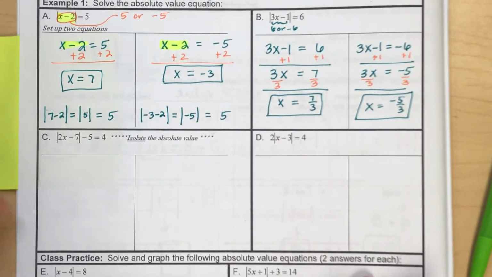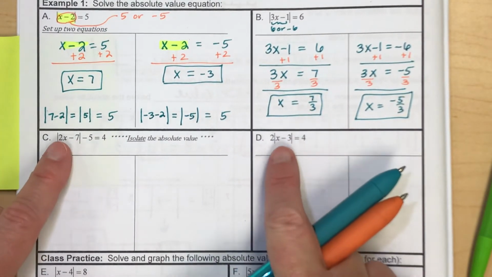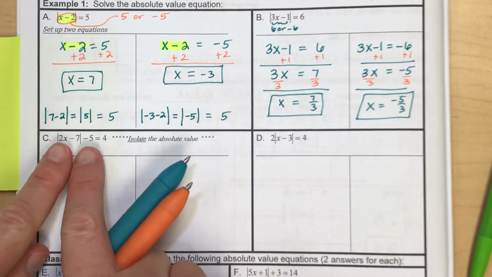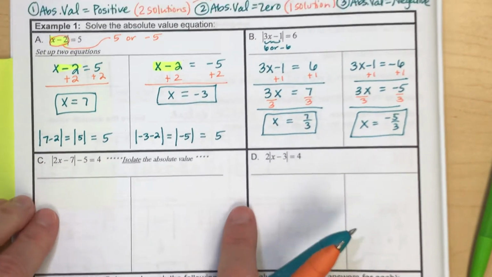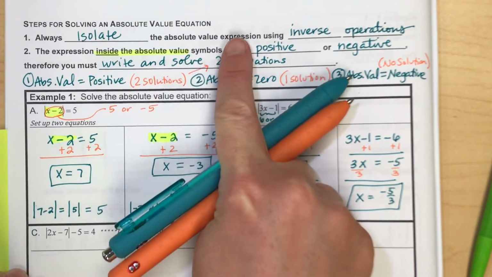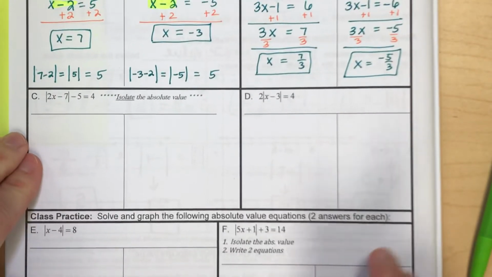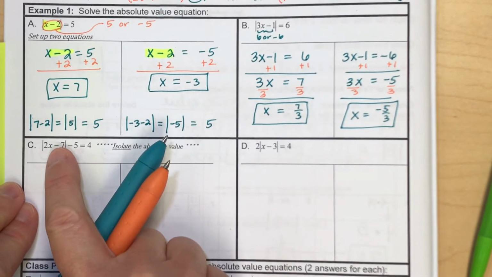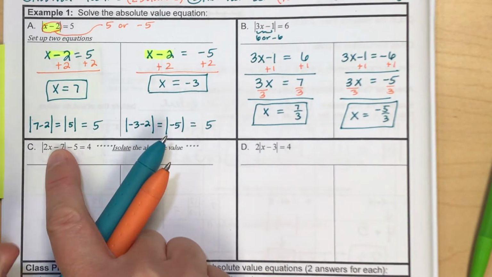Okay, now take a look here. I'm going to show you these two examples next. Looking at your absolute value, what we need to do is isolate. Number one, isolate the absolute value expression first. And so notice how my absolute value is not isolated on this side of my equal sign.